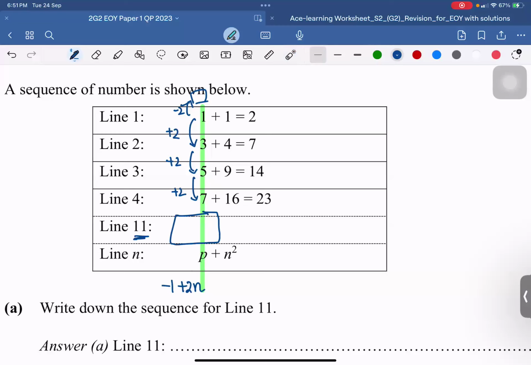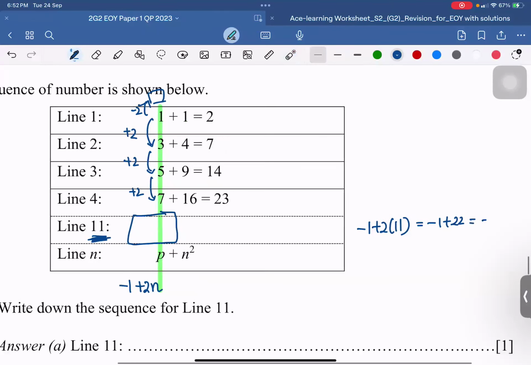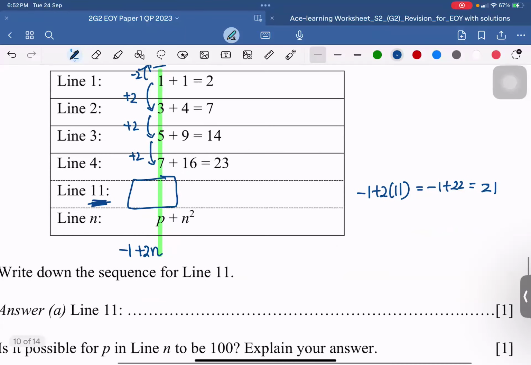Now they want line number 11, right? So what did the n become now? 11. So this is now -1 plus 2 times 11, which is -1 plus 22, which is the number 21. So in this line, the pattern, they want the whole line to write down 21 plus something.